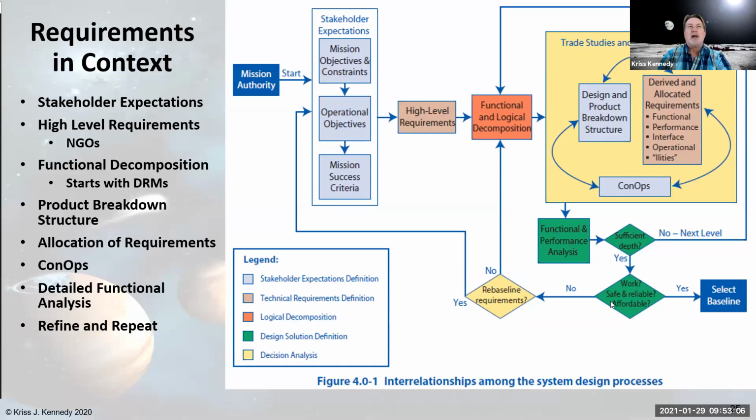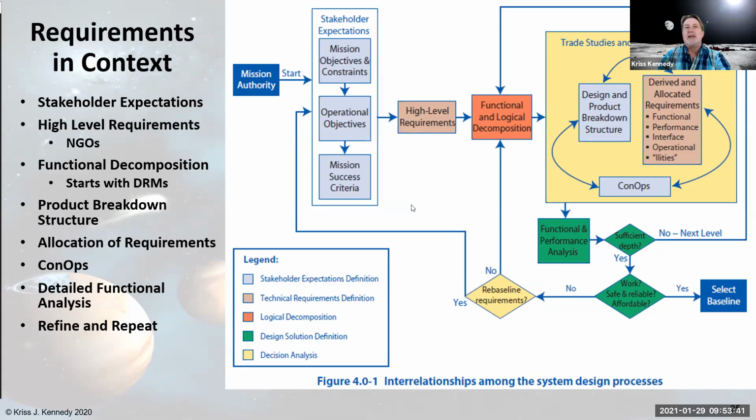So, requirements in context. There are lots of different aspects of requirements, as we just stated. There are stakeholder expectation requirements. There are high level requirements, needs, goals, and objectives, operational requirements, operational test objectives or mission objectives that further break it down. And then you have your product breakdown structure, the allocation of those requirements, the concept of operations bringing in additional requirements, and your functional analysis bringing in requirements.